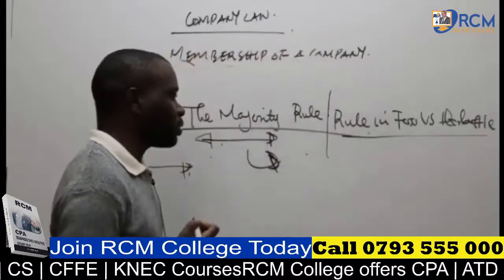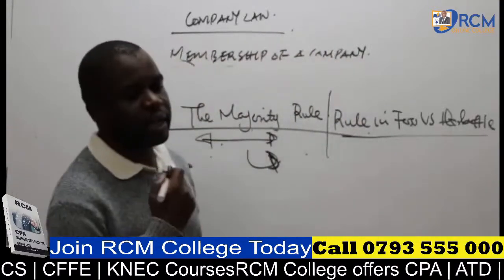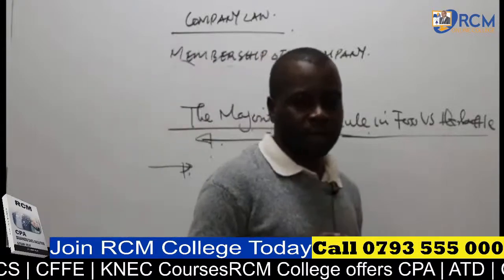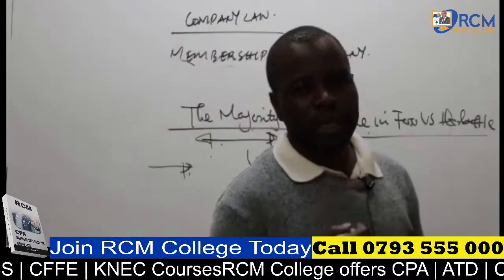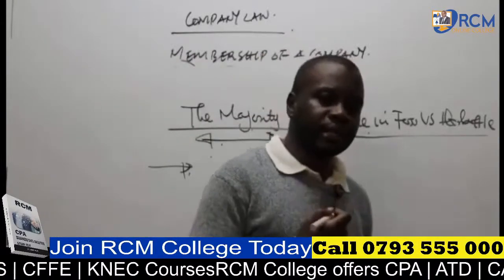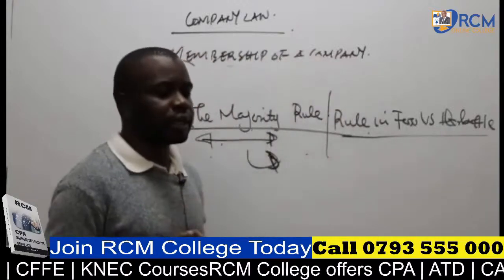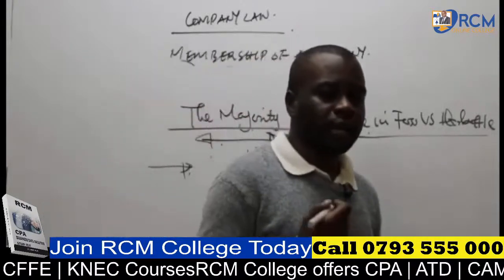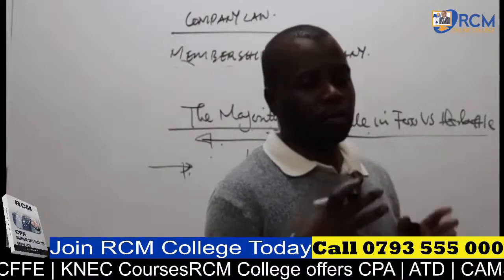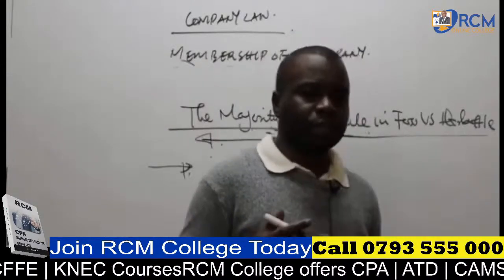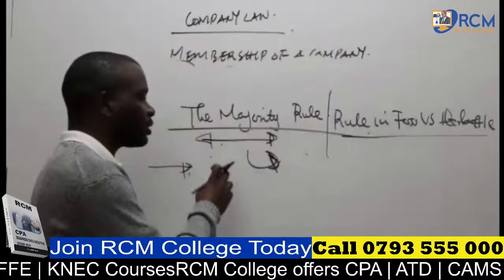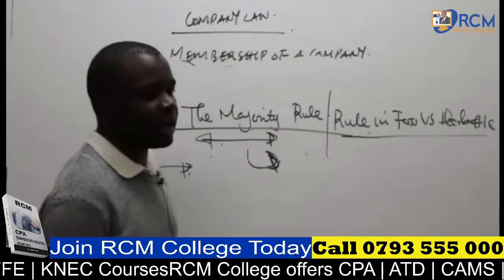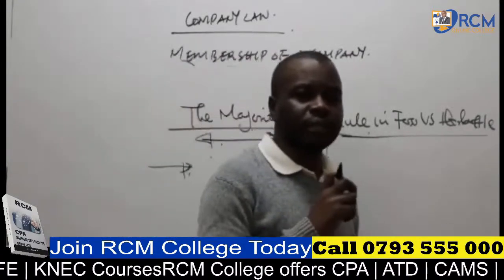No person can bring an action in a court of law on behalf of the company, but it is only the company itself by acting upon a decision already approved by the majority of the members of the company. A company can only undertake a certain action once the majority have voted and approved in a general meeting of the company.